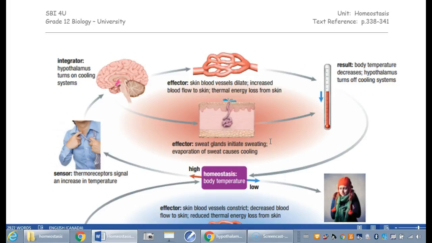That's another way we are able to cool ourselves. When we're back at our set point, the sensors indicate that and signal our integrator, the hypothalamus, to stop the sweating.